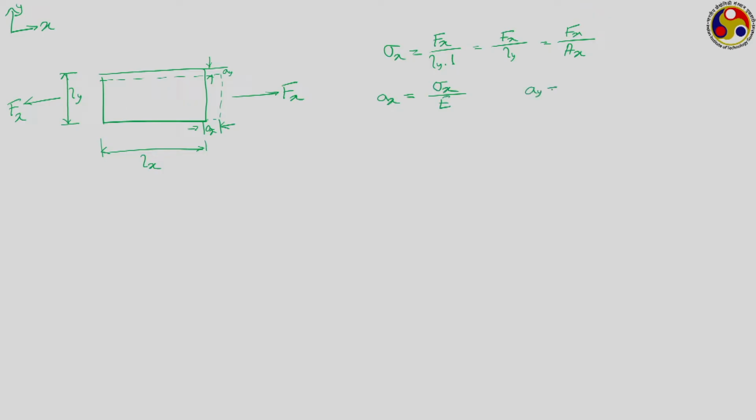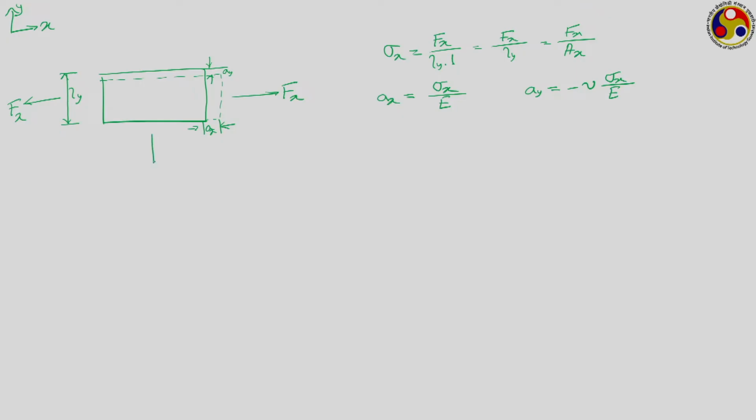Similarly, how much will be a y? Here we can make use of the Poisson's ratio to get the strain as again sigma x upon E, because Poisson's ratio represents the corresponding change in dimension. So, this is the deformation in the x and y directions because of this force F x. Now, let me remove this L x to get some more space.